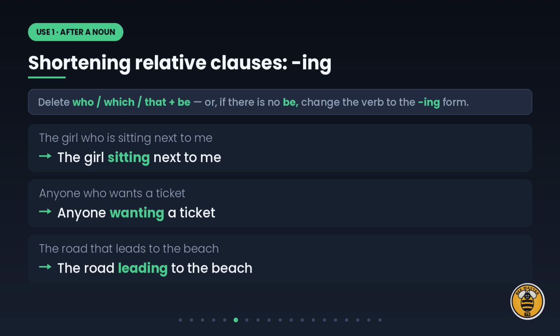If there is no be, delete the pronoun and change the verb into the ing form. Anyone who wants a ticket becomes anyone wanting a ticket. The road that leads to the beach becomes the road leading to the beach. Notice that the tense disappears completely. The main clause is what tells your reader when this happens.